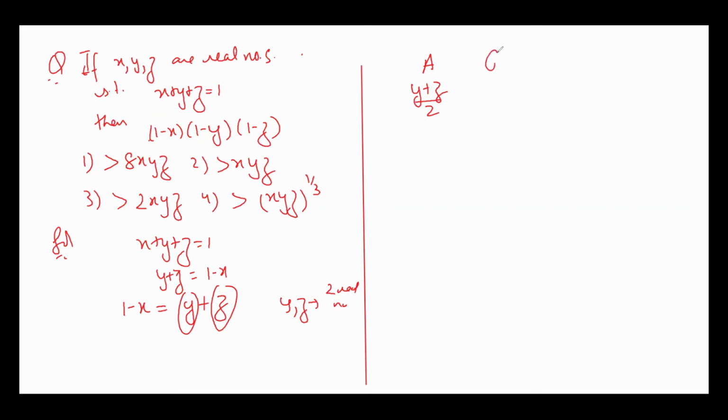So now what I'm doing, geometric mean of these two numbers y and z is root yz, and what relation we have from here, greater than. From here what I get, y plus z is greater than 2 root yz, and y plus z is what, 1 minus x.